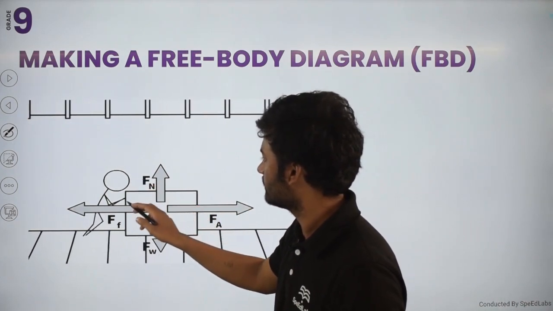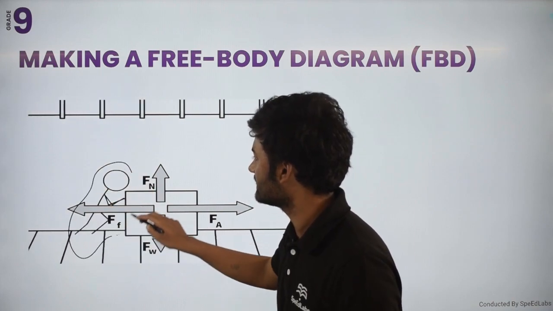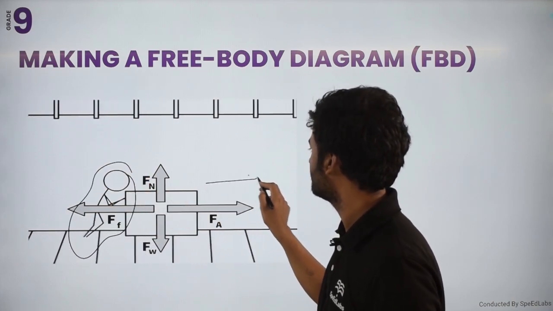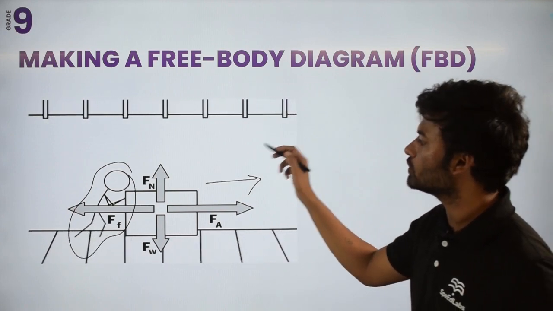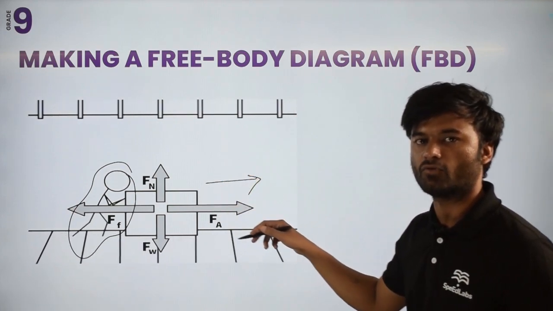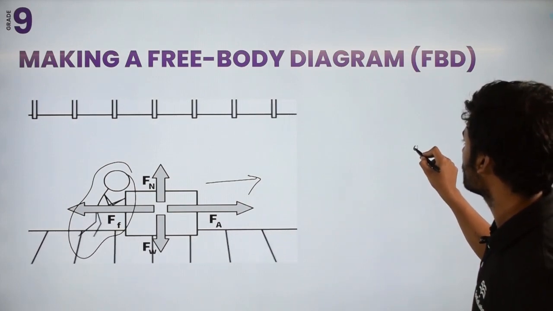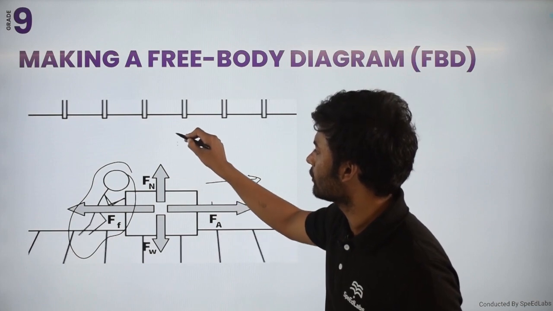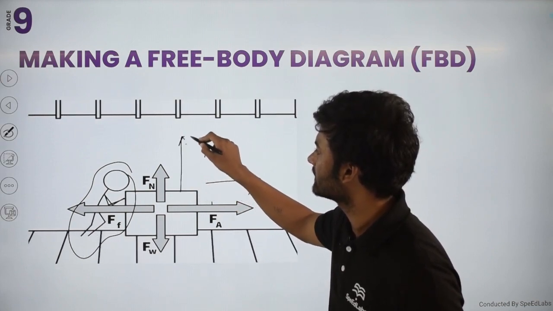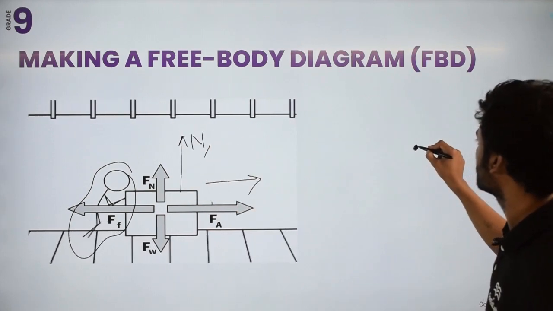Here, see, this boy is applying a force in this direction. If I want to draw the FBD of this, I will just mark one point. This surface will exert a normal reaction in the upward direction. This is N.